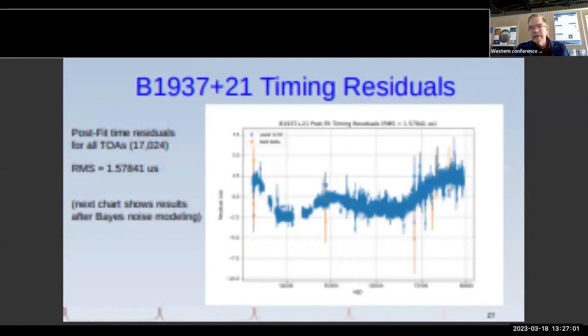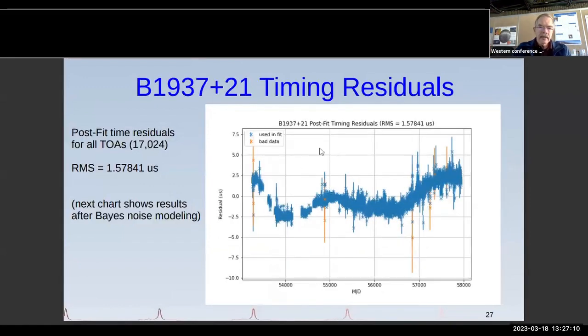What this means is I ran PINT. I'm fitting the model parameters to the data, and I get an RMS down to about 1.5 microseconds. Some of the data is flagged as bad, didn't meet the calibration standards or whatever, and is tossed out.